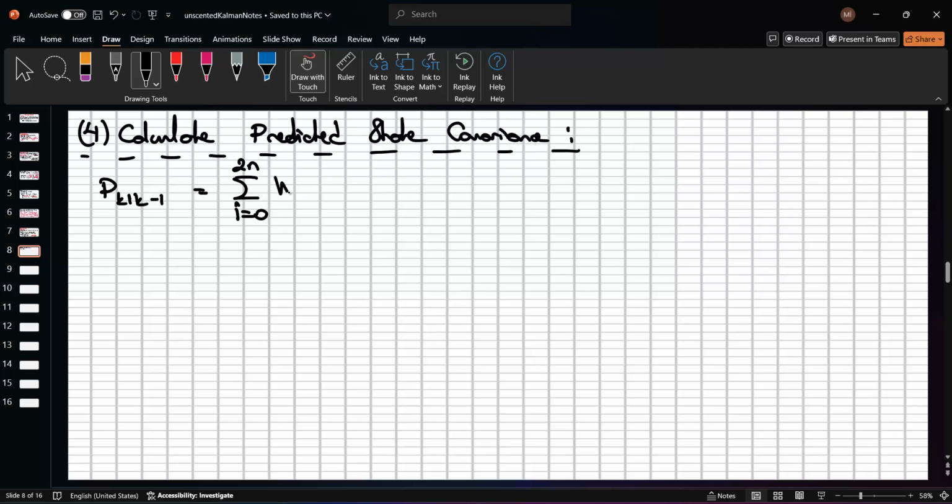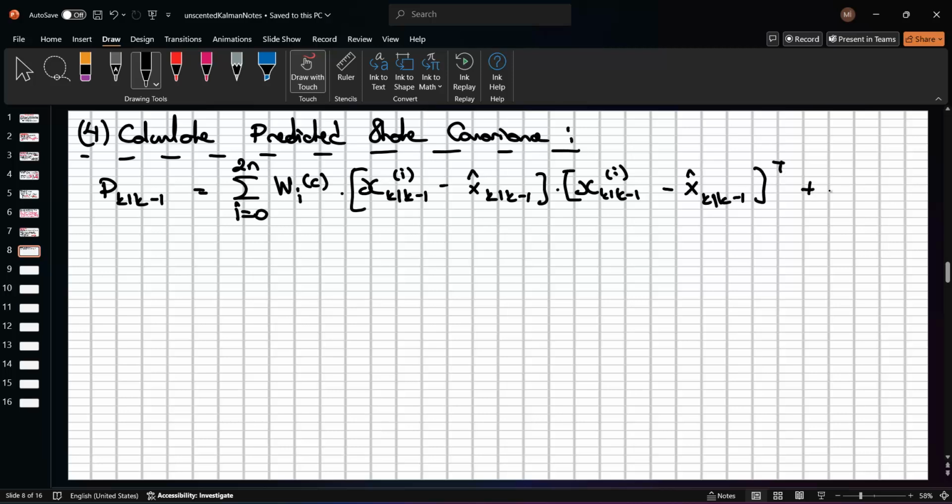And so W i c, the covariance, chi k minus 1 i minus x hat k minus 1 times chi k minus 1 i minus x hat k minus 1 transpose, plus Q k minus 1.